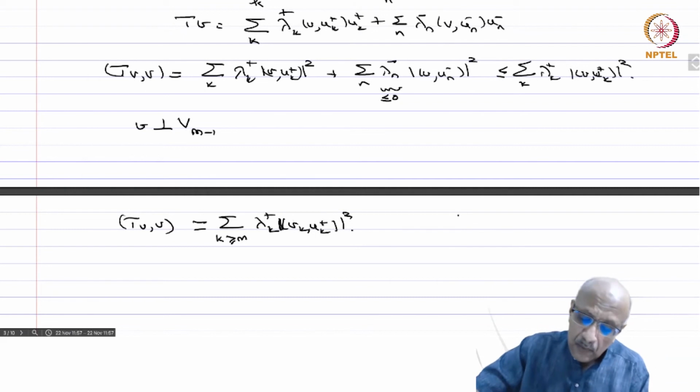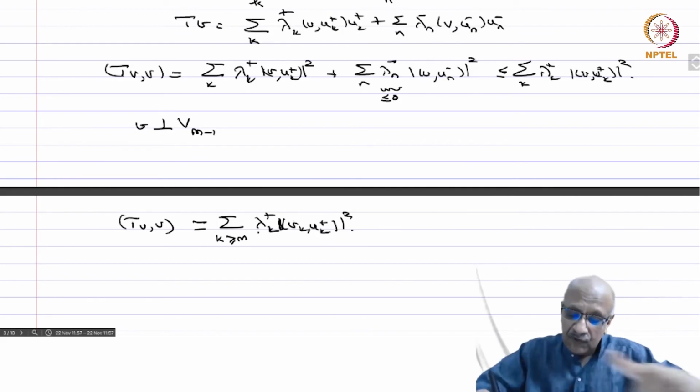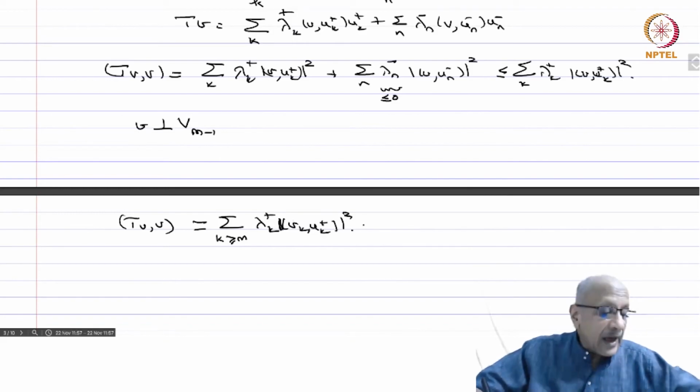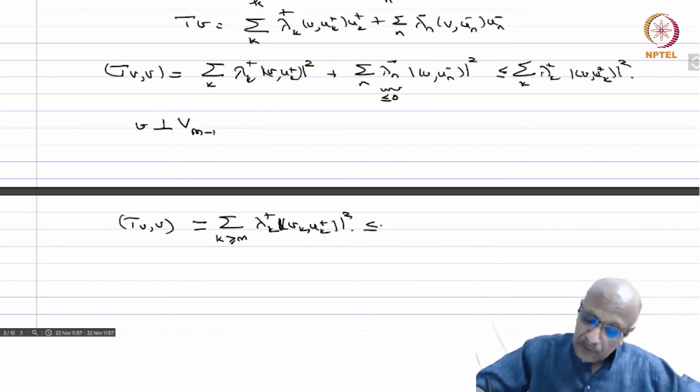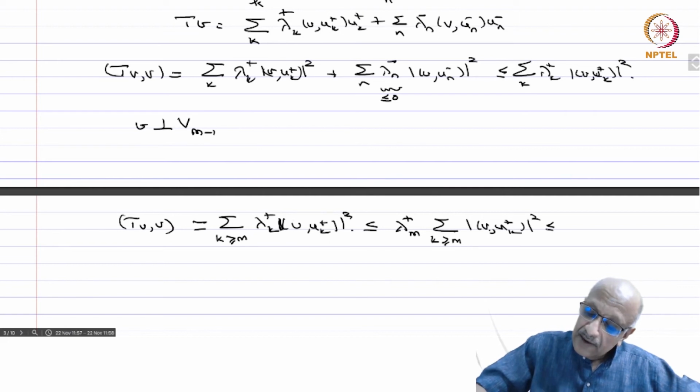Now we have numbered the positive eigenvalues in decreasing order. So the biggest of them will be lambda_m^+, and for the other k it will be less. So this is less than or equal to lambda_m^+ times sigma over k greater than or equal to m of mod (v, u_k^+) square, and that is less than or equal to lambda_m^+ norm v square.